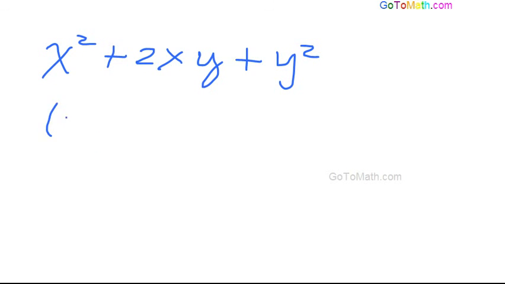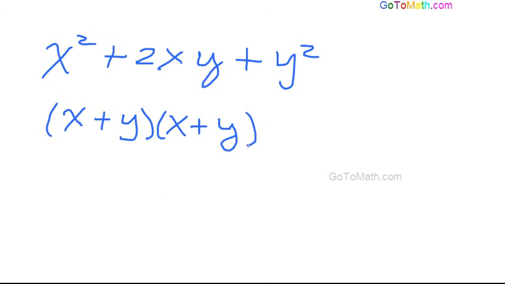Okay. Well, what are we doing? We're factoring, right? How about x plus y times x plus y? See that? Now if you went ahead and multiplied these together, we should get this up here. X times x is x squared. Then you have x times y times x. That's two of them that are like terms. That'd be 2xy.